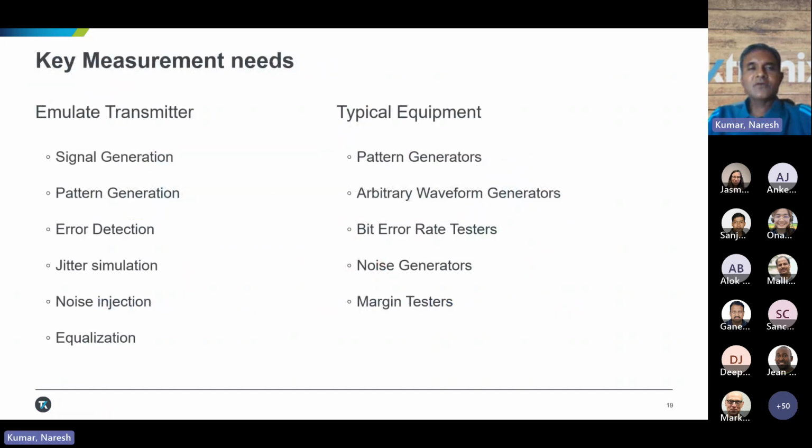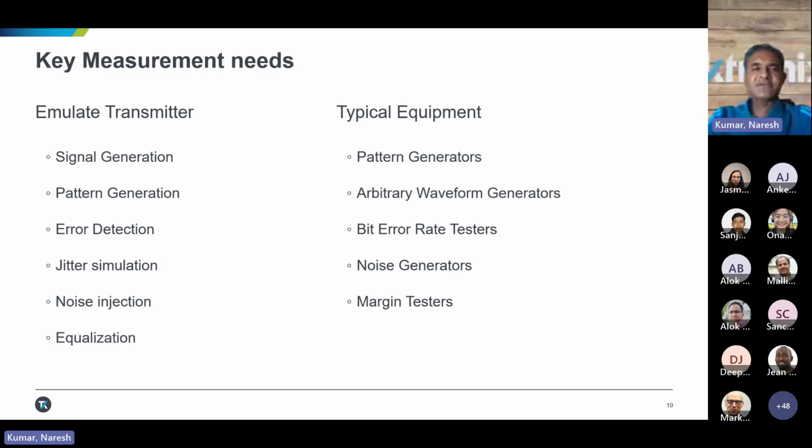So let's look at what we mean by an emulated transmitter, right? It's like saying that I have my receiver to be tested. I need a dependable transmitter to be available, right? So what's a dependable transmitter? Something which is controlled and which has a very defined output is what you look for.